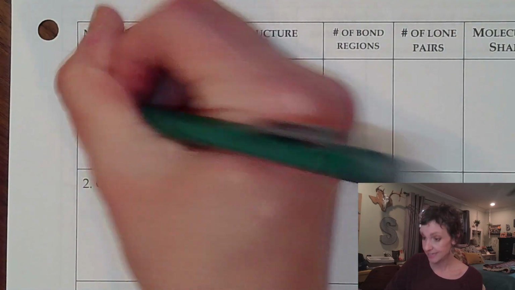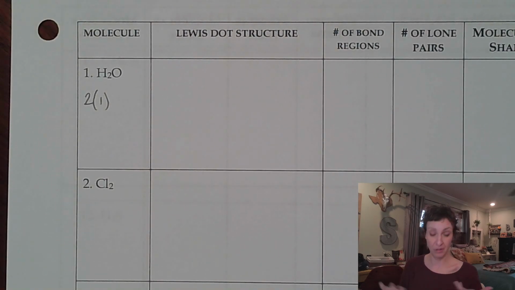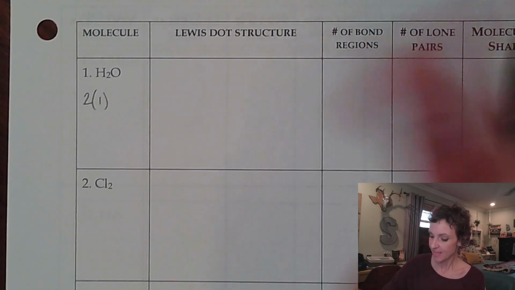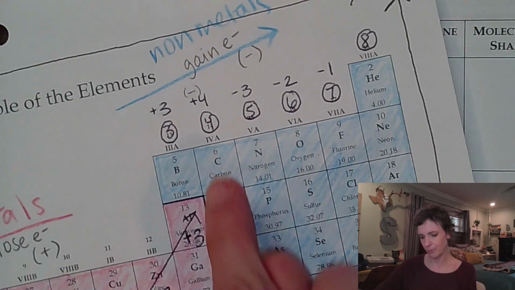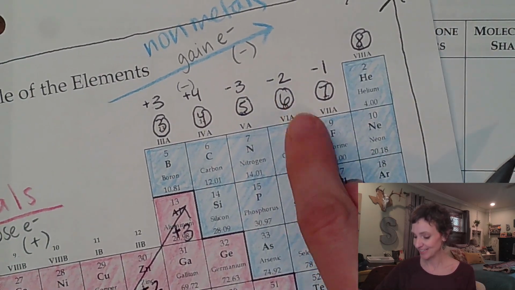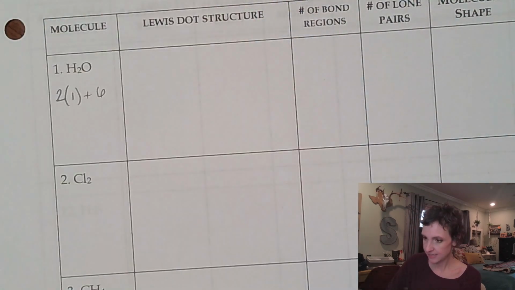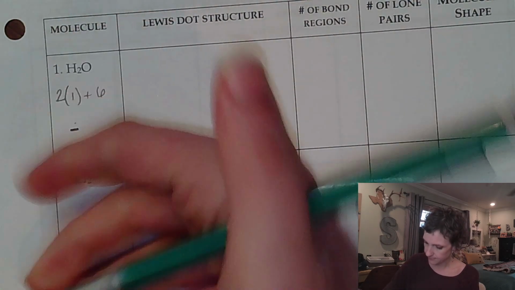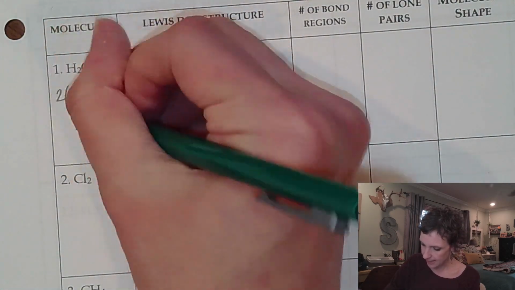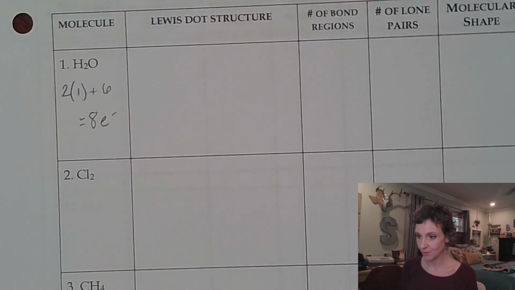So 2 times 1 would be the total amount of valence electrons that hydrogen is bringing to this molecule. Then I have oxygen. I only have 1 oxygen, and it has 6 valence electrons. So I'm going to go plus 6. So my total number of valence electrons for this structure is going to be 8 total electrons. Cool.